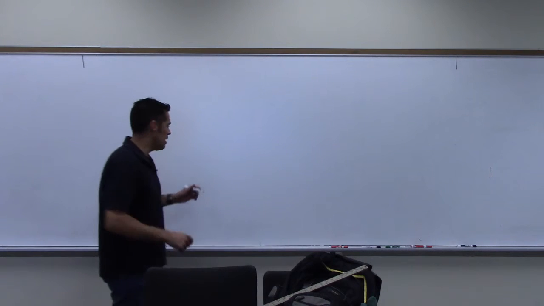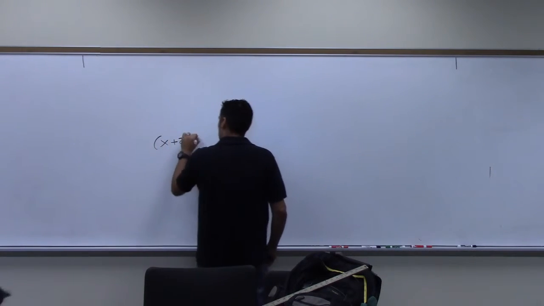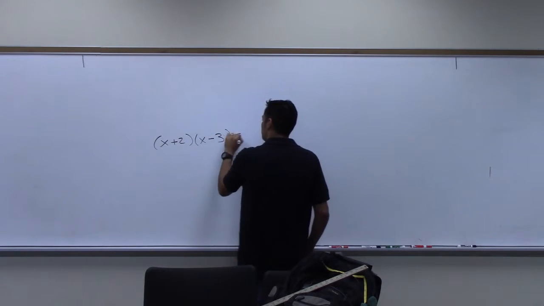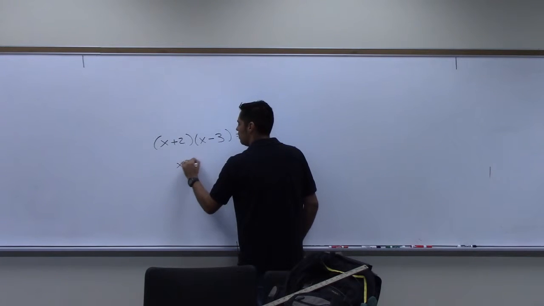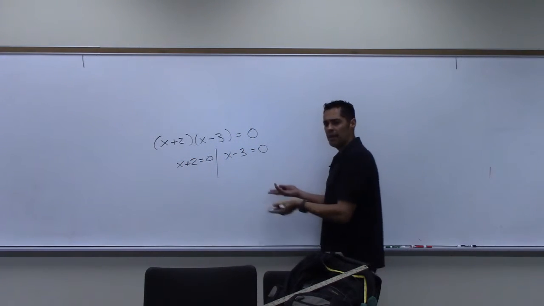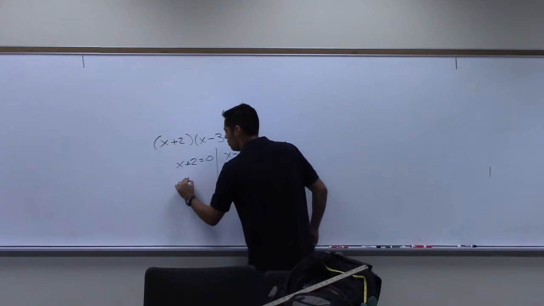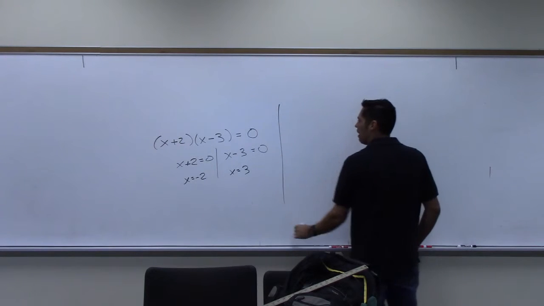Before I get to that, if I tell you that x plus 2 times x minus 3 equals 0, we are all very comfortable with the idea of setting each of these equal to 0 and getting our two solutions, right? x is negative 2 and x is 3.